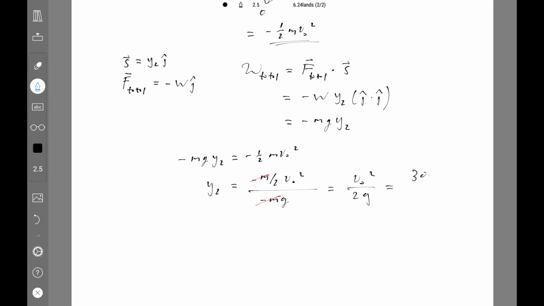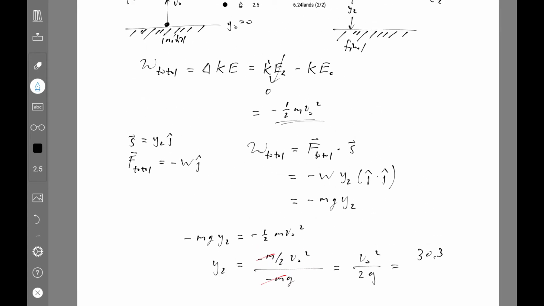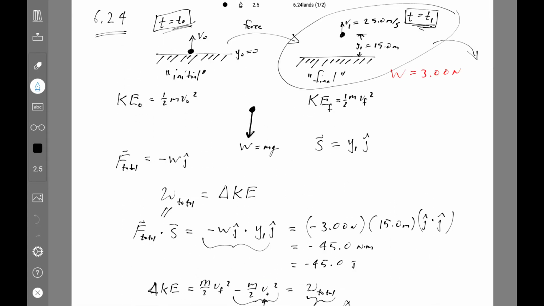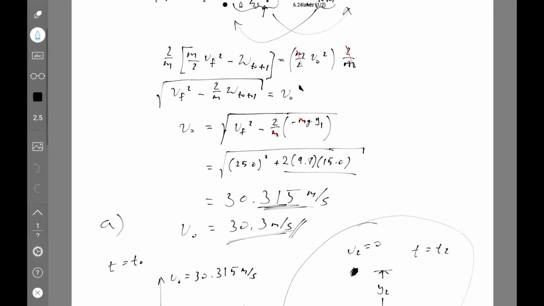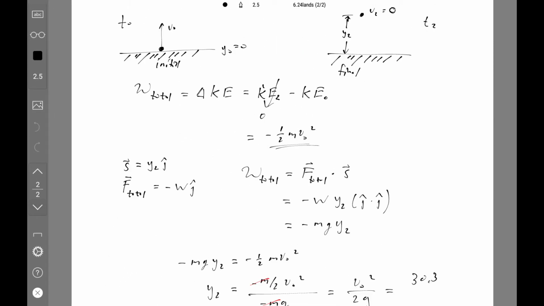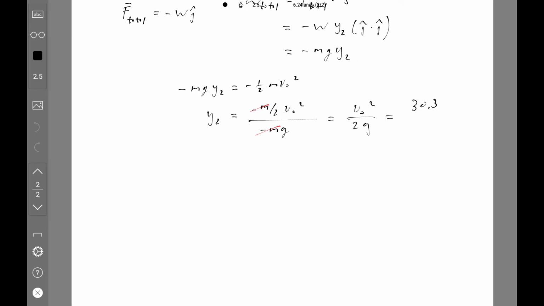And v naught is 31.5, squared, divided by 2 times 9.8.